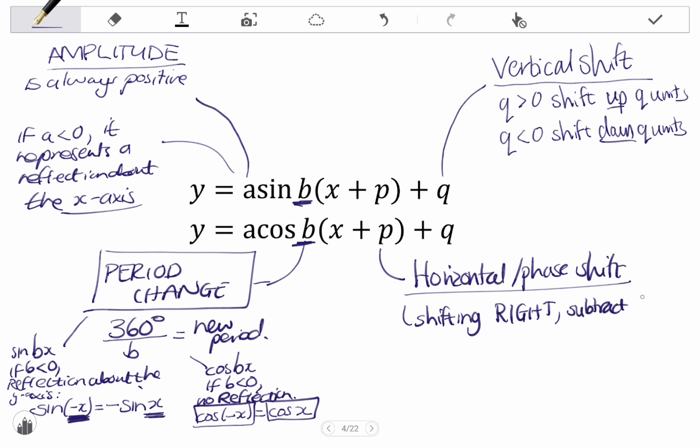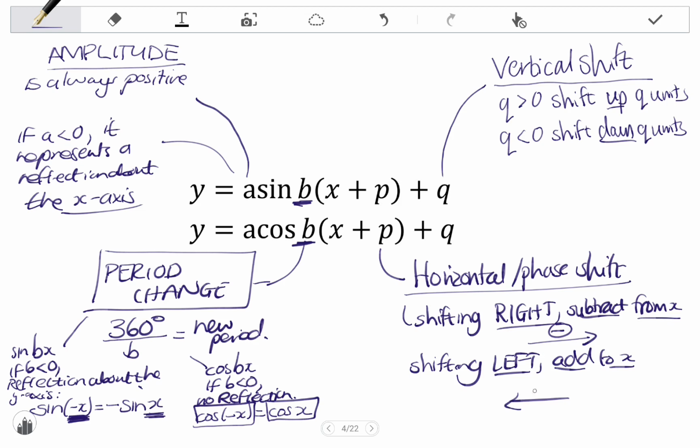Remember, this is counterintuitive, okay? Moving right takes us to the positive x values, but we subtract from x. So if we move right, we subtract, and shifting left, we add a value to x.